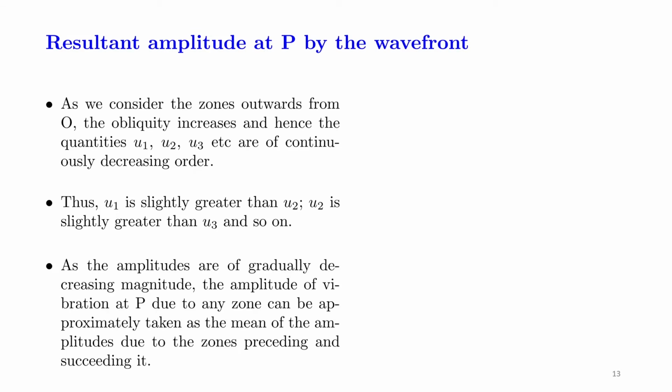As the amplitudes are of gradually decreasing magnitude, the amplitude of vibration at P due to any zone can be approximately taken as the mean of the amplitudes due to the zones preceding and succeeding it. For example, U2 can be written as equal to U1 plus U3 over 2.